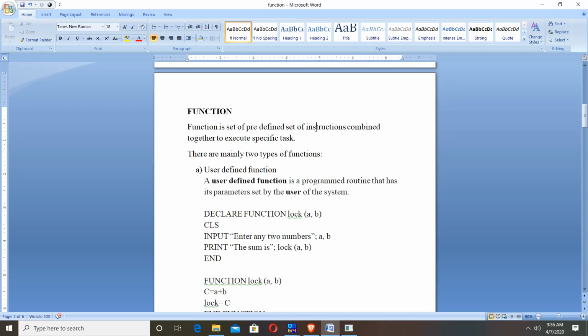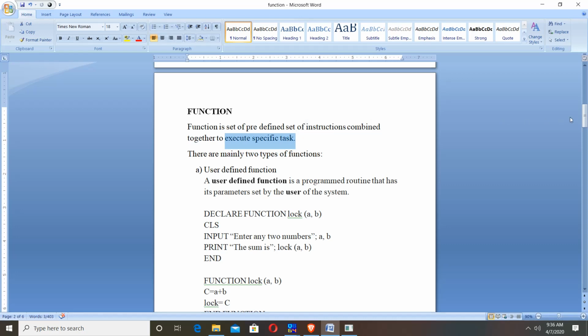And remember, a function is used for executing a specific task. Different keywords or syntax are combined together to form a function. How a function works and is used in QBASIC will be discussed later on.